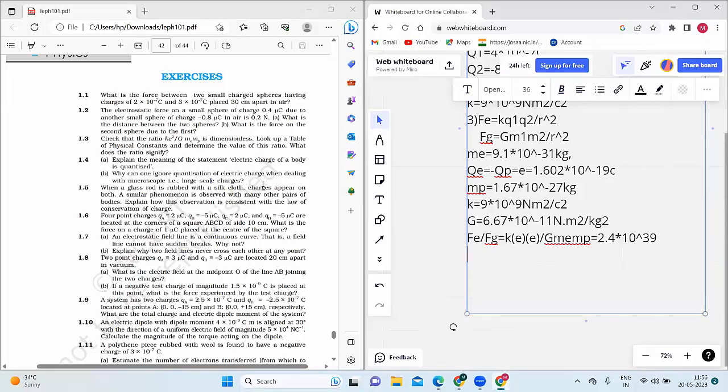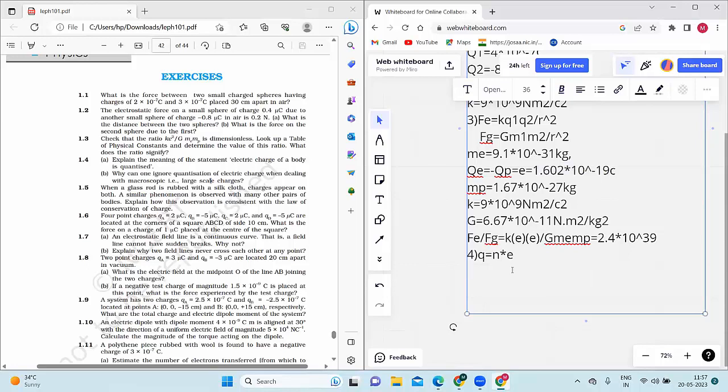Why can one ignore quantization of electric charge when dealing with macroscopic, that is large scale, charges? This means that when the charge of a body is very large, as we know Q equals N into E, and the charge of an electron is so small, 1.602 into 10 power minus 19, the value of N will be so large.